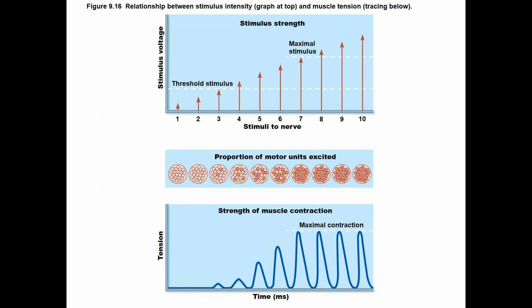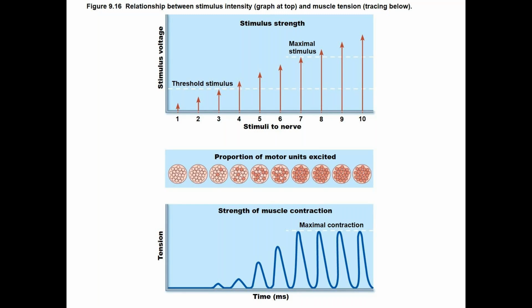So as long as we don't have a sufficient stimulus to reach threshold, as long as we're sub-threshold, so 1 and 2, nothing is going to happen. No motor units get excited, no contraction happens whatsoever.